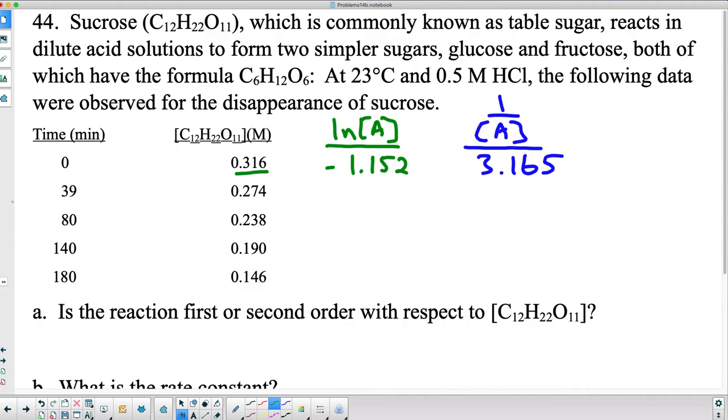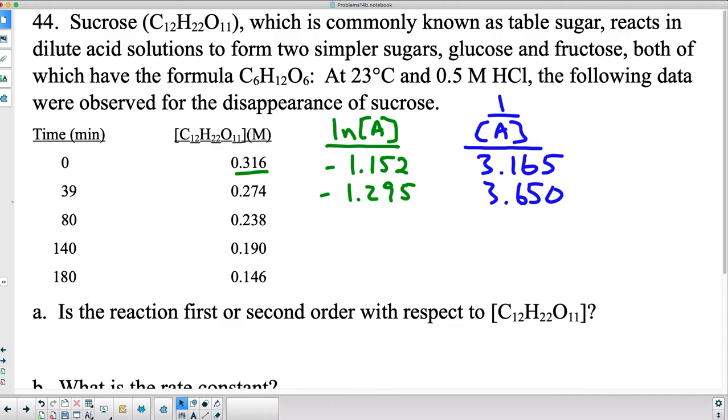So the next one is a negative 1.295. You see what I'm doing here? And then for 1 over A, 1 over is 3.650. Okay? I go through all of this to get these values for 3 more calculations of that, and then I graph.